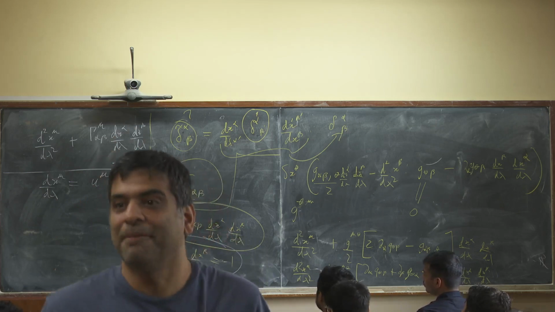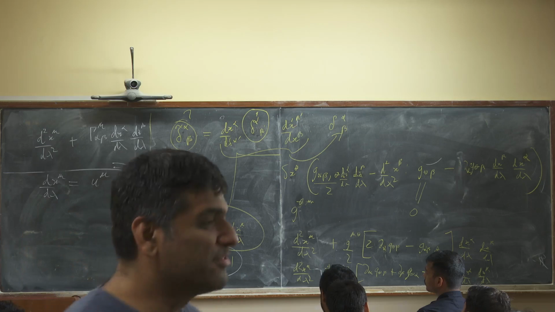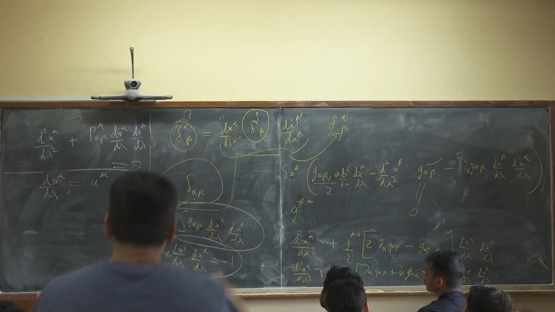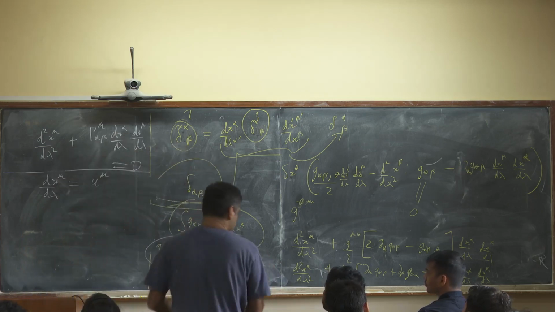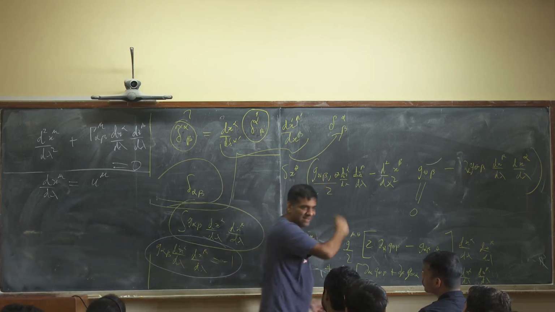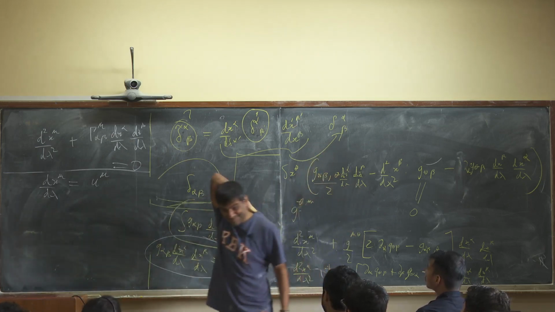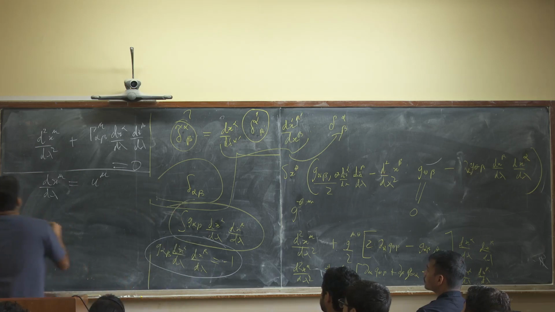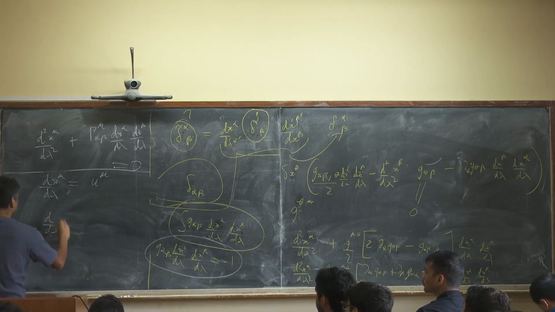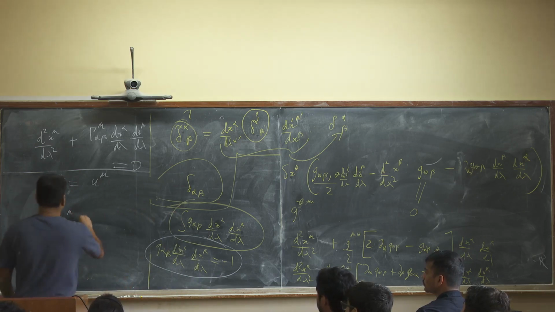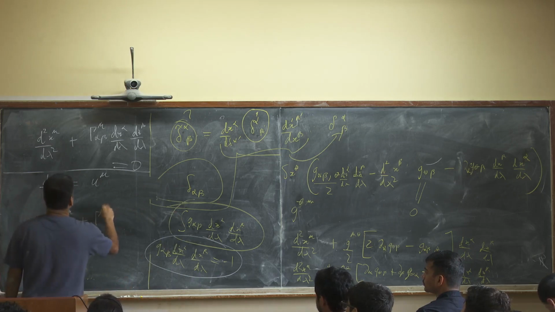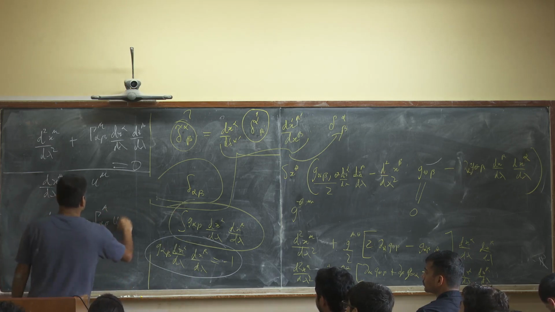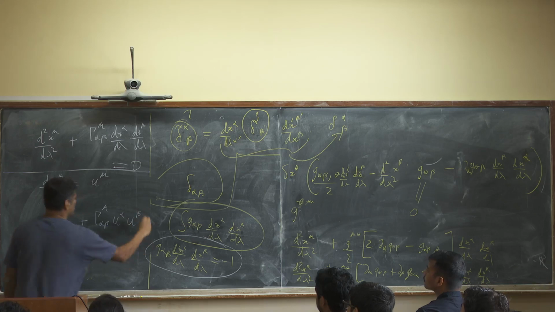So dx mu by d lambda is the forward velocity. It's the change in x mu with respect to proper time along the world line. Okay, so this is the equation d by d lambda of u mu plus gamma mu alpha beta u alpha u beta is equal to 0.